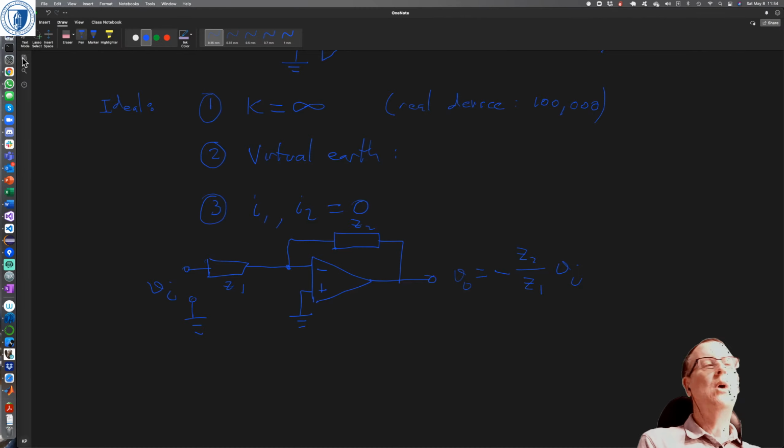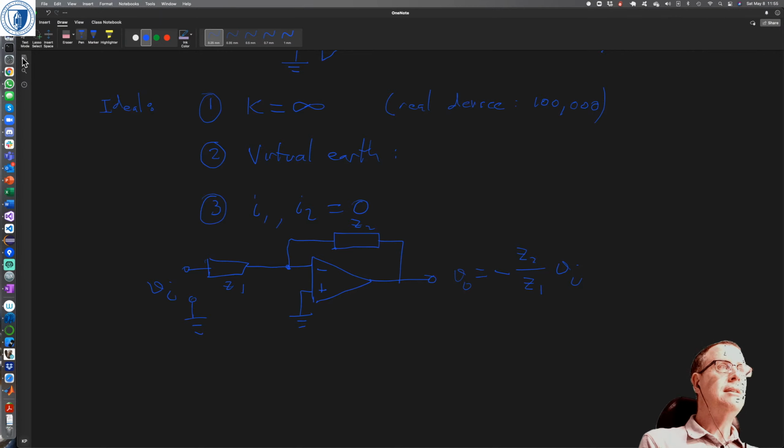But if one of Z1 or Z2 is an inductor or a capacitor, then we can have either integral or differential relationships between the input and the output.